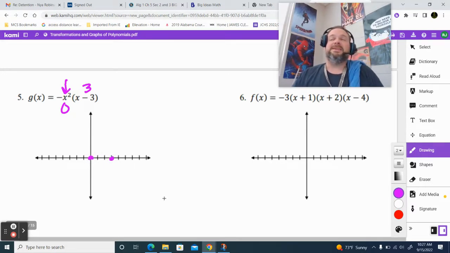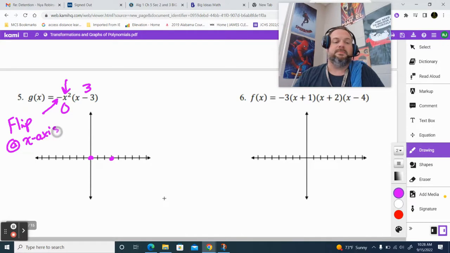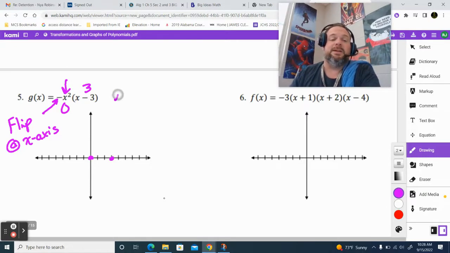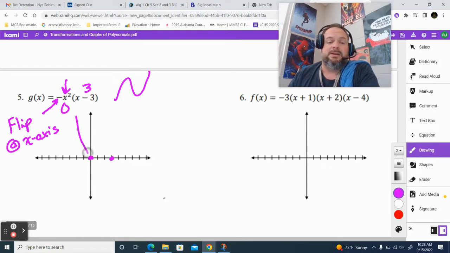Now, this is a cubic still, but what about this negative 1 out here? What do you think that does? Yeah, we flip at the x-axis. Instead of going like this, it would go in the opposite direction. Something like that.